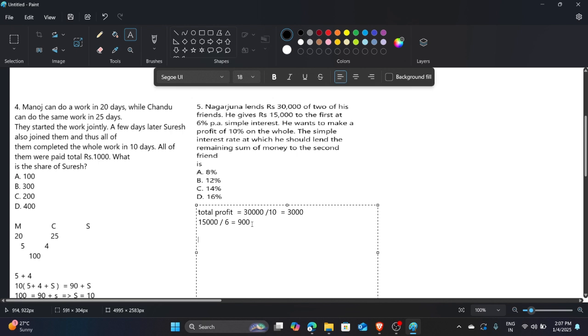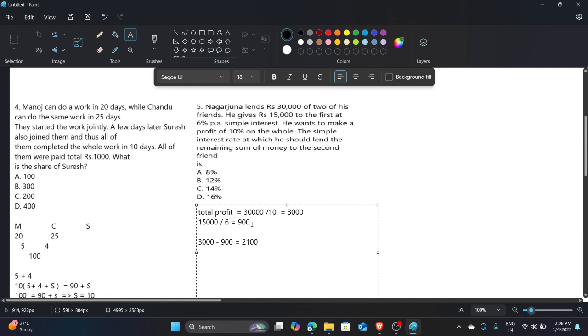Now the remaining he needs is nothing but 3,000 minus 900, which is 2,100. So 2,100 is the remaining he needs. Now he needs it from the remaining, because half is already given to someone. Now he has only the other 15,000.